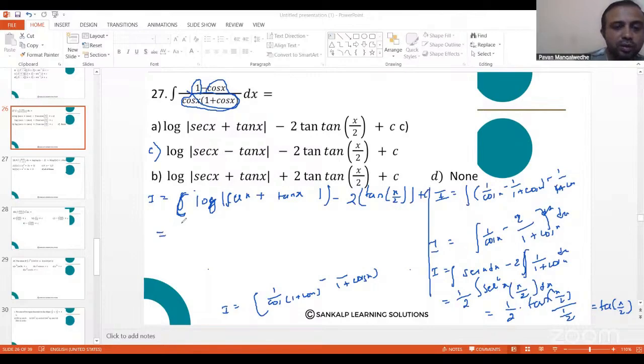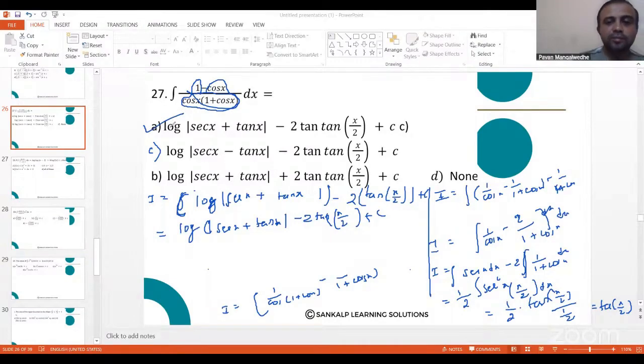So log of sec x plus tan x into mod, minus 2 tan x by 2, plus c. So option A is the correct answer for this. So option A. Next one.